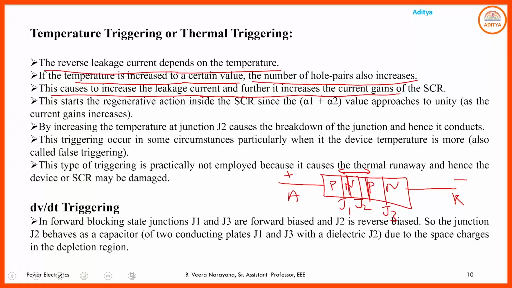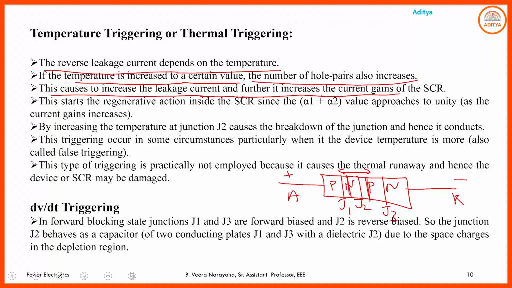So in this temperature or thermal triggering, the junction temperature is inversely proportional to the depletion layer width. If the temperature increases, the width of the depletion layer decreases. At a particular value, the depletion layer completely disappears and the SCR comes to the on state.